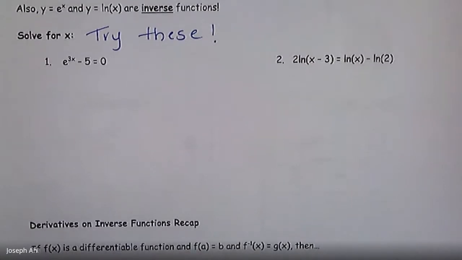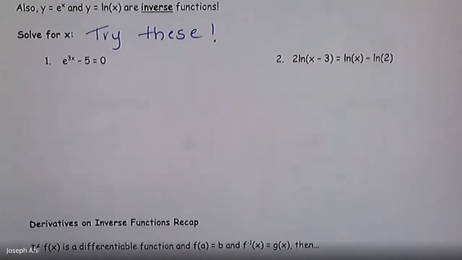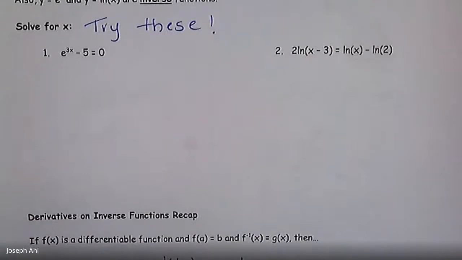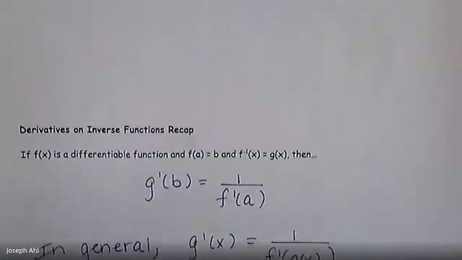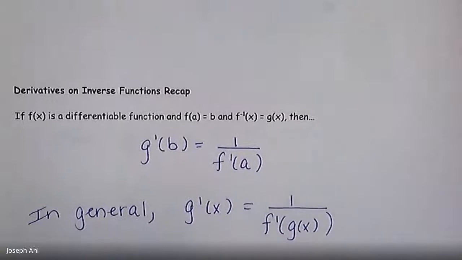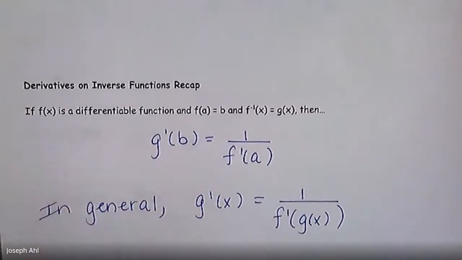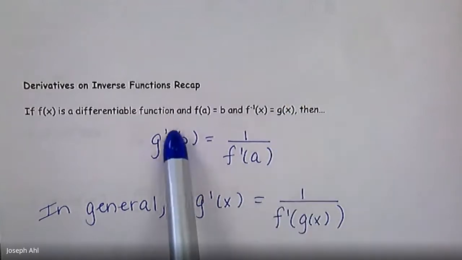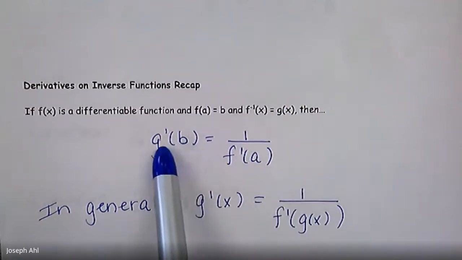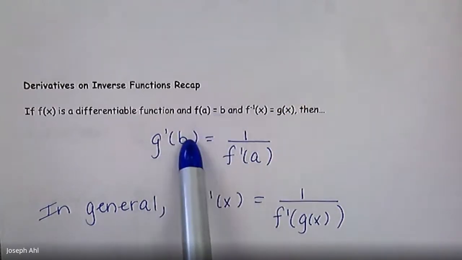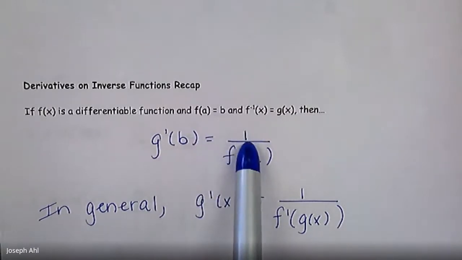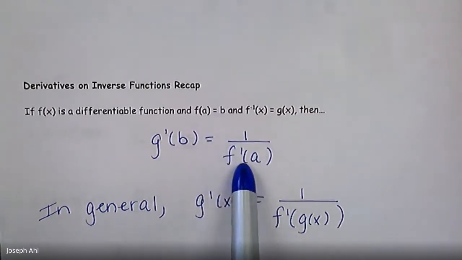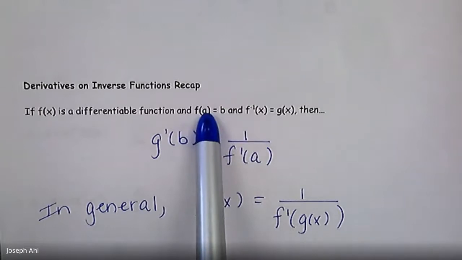But let's do a quick recap of derivatives of inverse functions. That's what we learned in day 74 yesterday. If f(x) is a differentiable function, and we know that f(a) equals b, and we have the inverse of f(x) defined as g(x), then what we know is that g prime of b, the derivative at this output, is the reciprocal of the derivative at the input a to the original function.